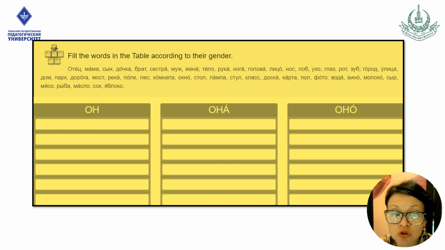So you see the majority of Russian nouns are masculine gender or feminine gender. Neutral gender is not so big, and it comprises nouns ending in o and e, right?